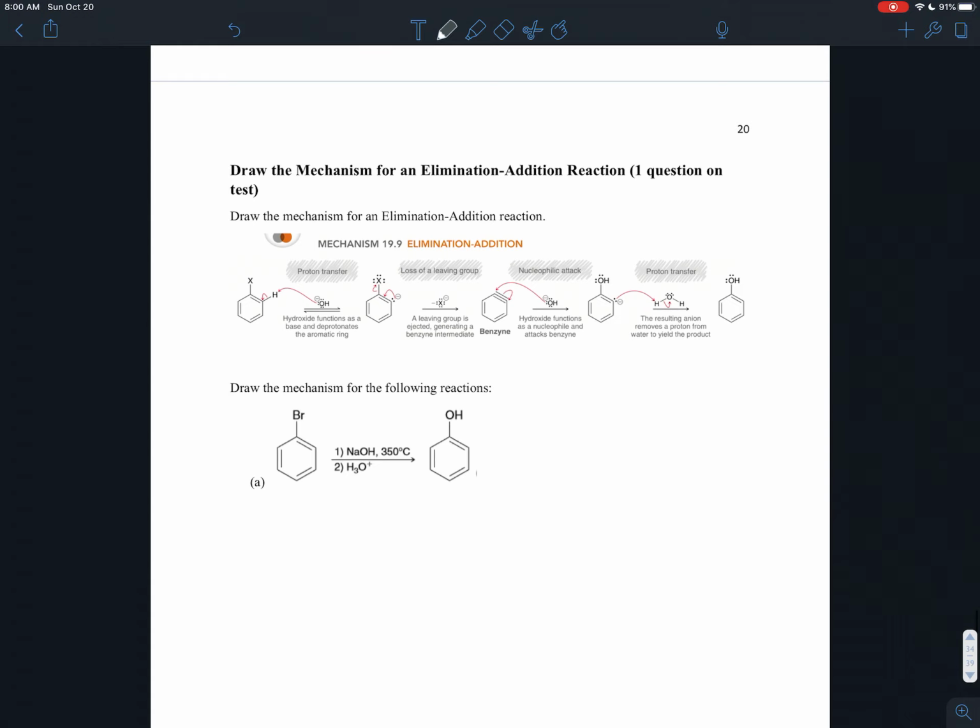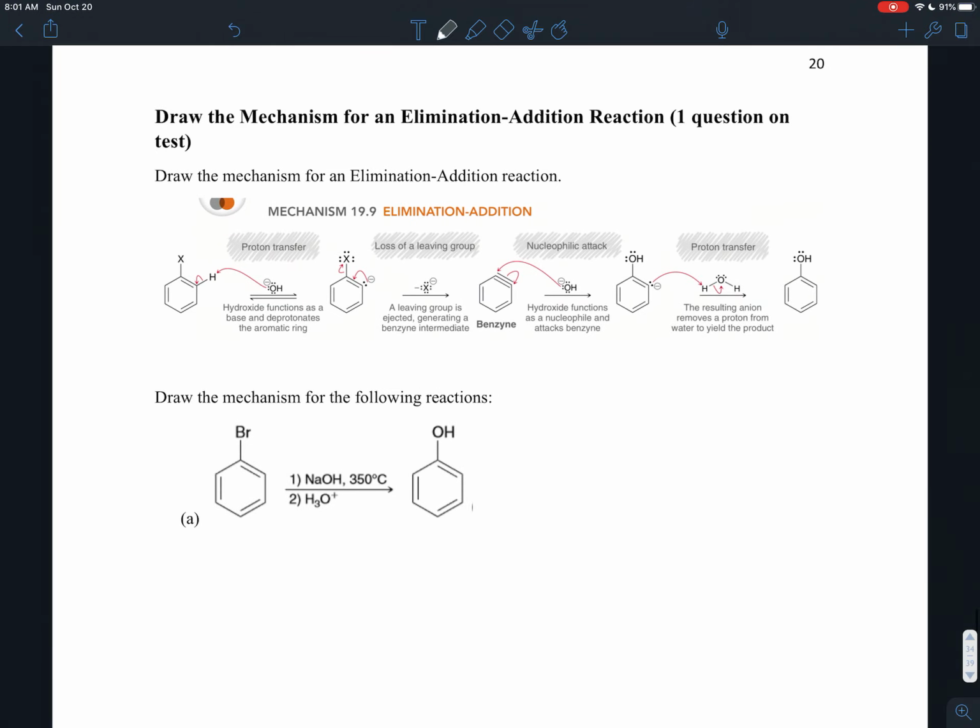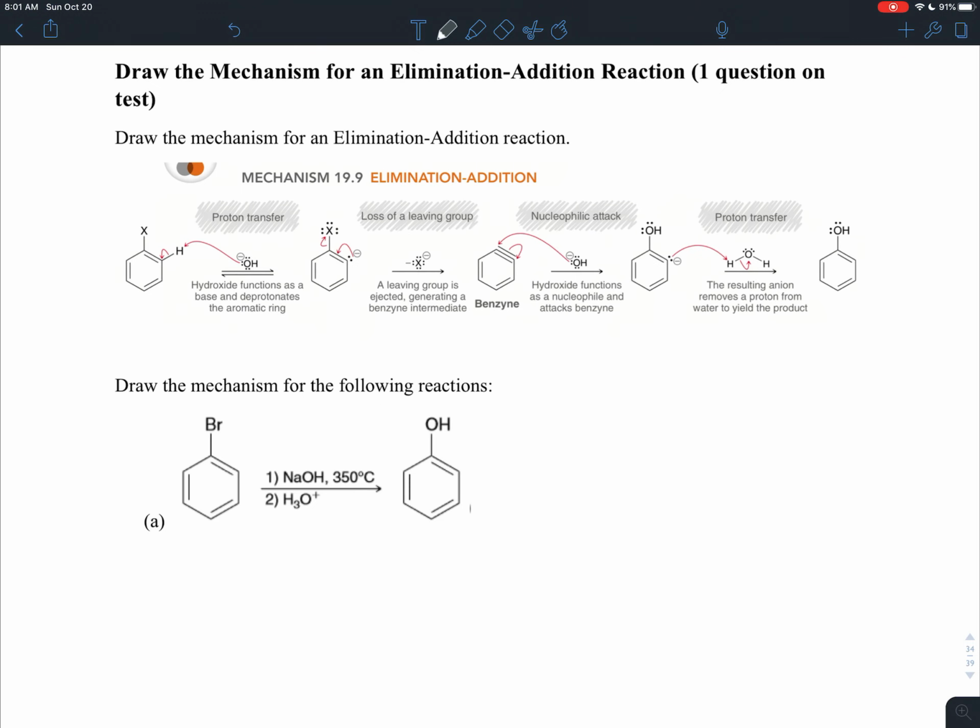What if you don't have an electron withdrawing group on the ring, but you still want to add a nucleophile? That's when you do elimination addition. So you'll recognize this reaction because you'll have a nucleophile that you're adding onto the benzene ring, but there's no electron withdrawing group. And to make this reaction happen, you really need a lot of heat.